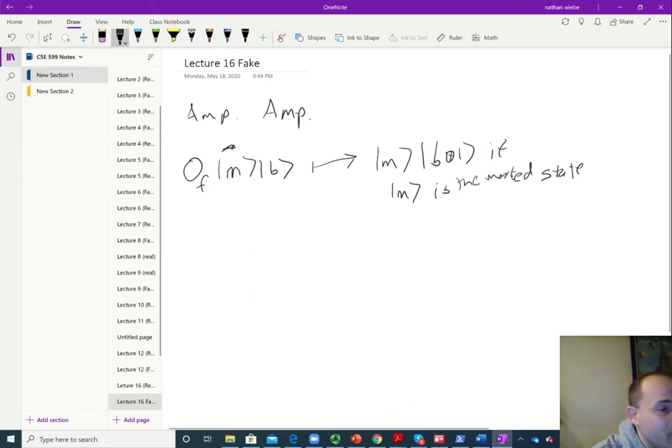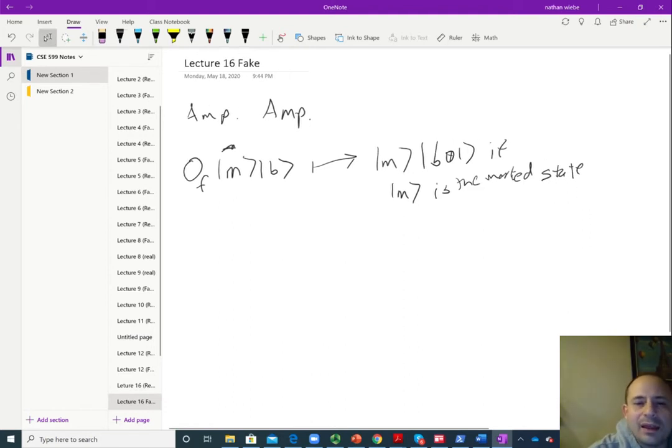So, for example, if you're searching for a pair of numbers that when multiplied together equals a target number, M would be that target number, or sorry, N would be those two integers that you feed in in order to check that.